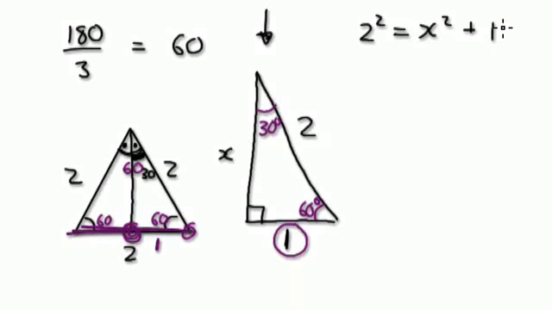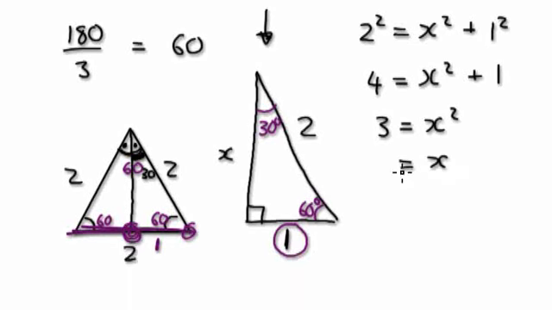Let's try and work out what x is now. This will be 4 over here, equals x squared, and 1 times 1 is 1. Now take away 1 from both sides, so that will be 3 equals x squared. So x equals root 3.